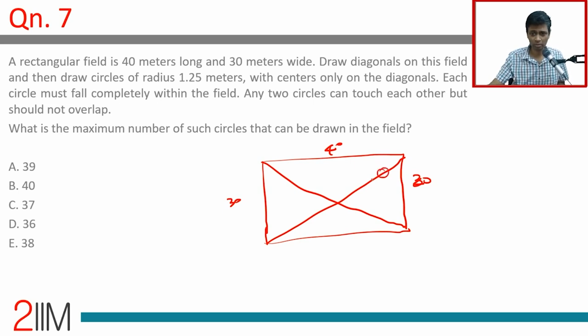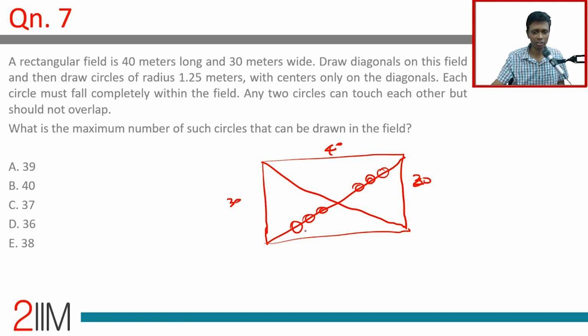We're drawing circles like this. Each circle must fall completely within the field. Any two circles can touch each other but should not overlap. What is the maximum number of such circles that can be drawn in the field?